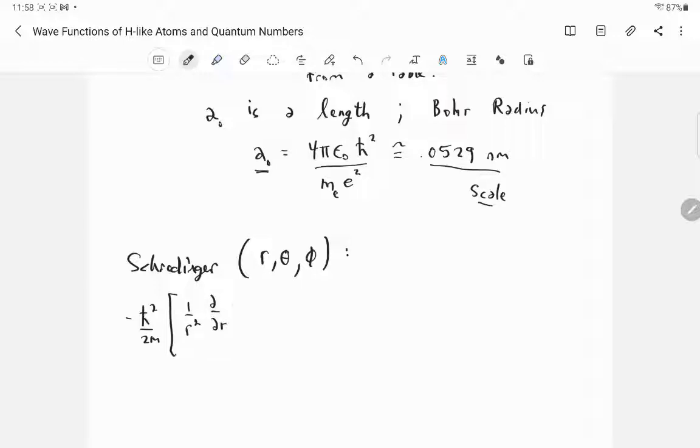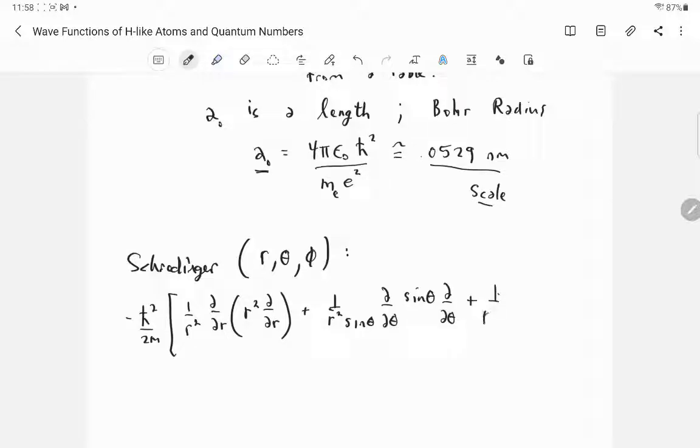It's d by dr of the quantity r squared times d by dr, right? And then plus 1 over r squared sine of theta, and then d by d theta of sine of theta d by d theta. And then there's a third term in the Laplacian operator.